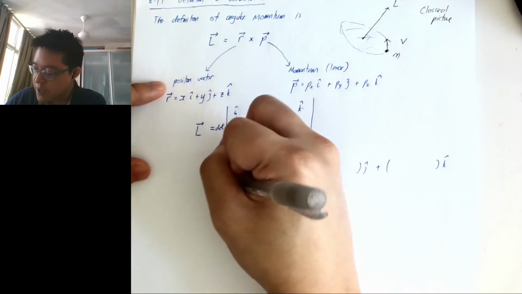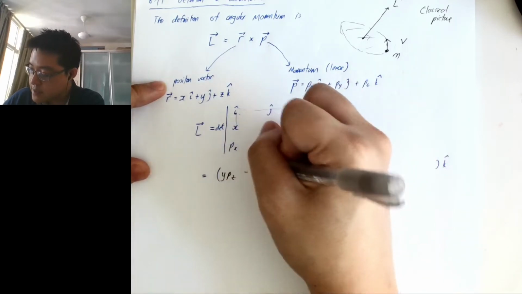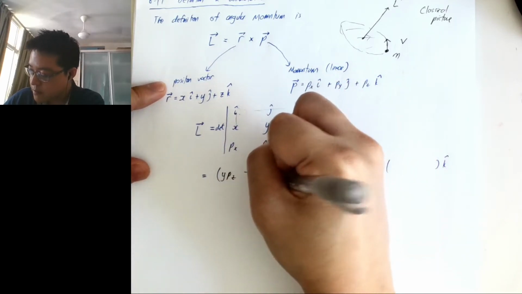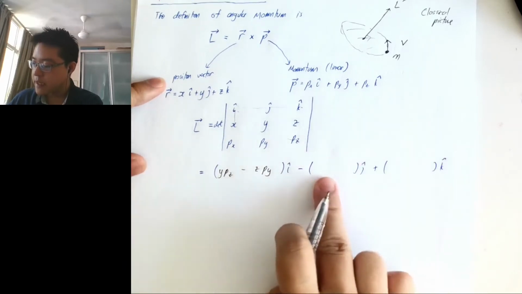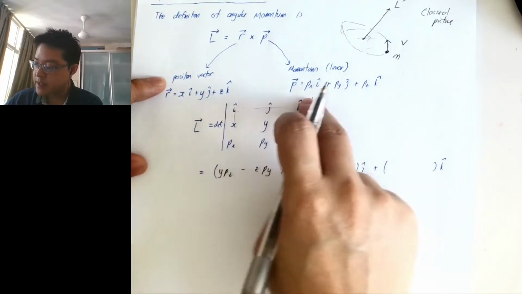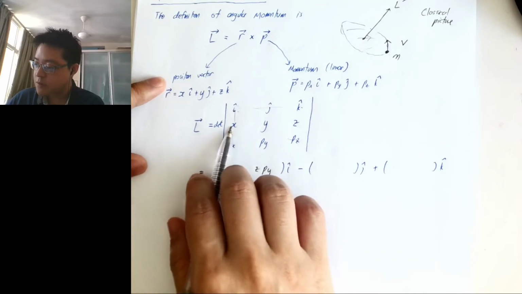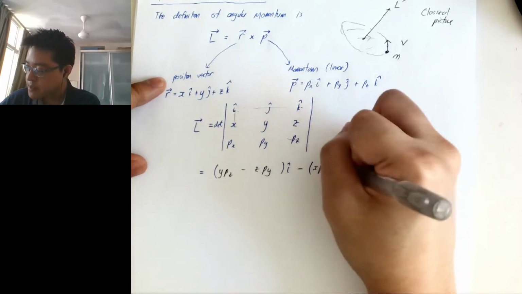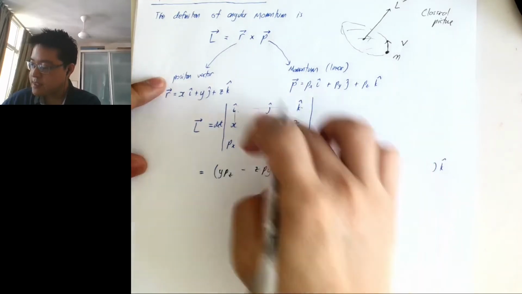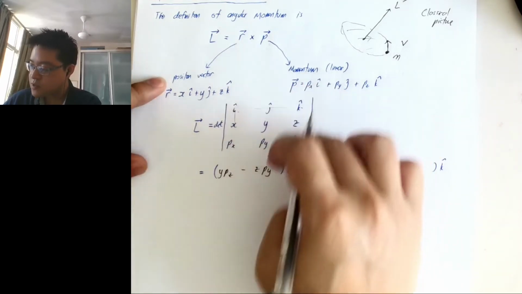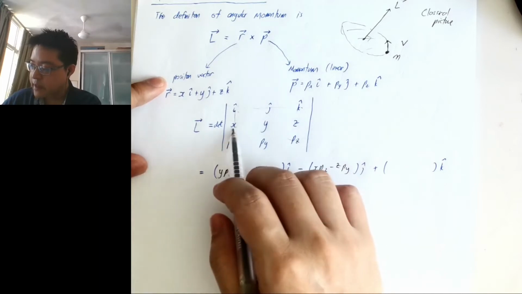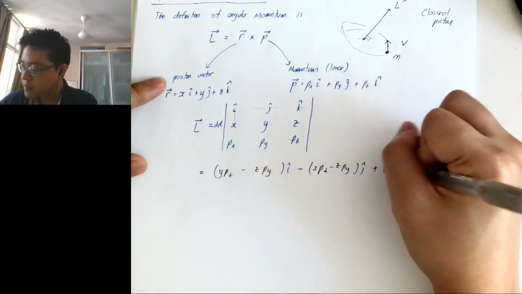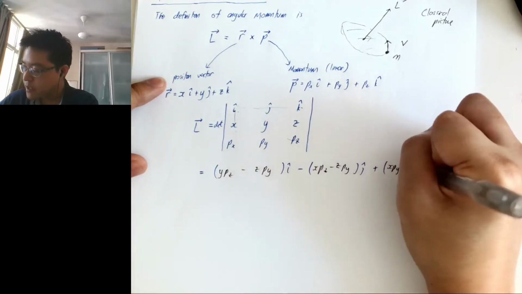So it's ypz minus zpy. And then in the middle here you delete this, the leftover is this minus this. So you got xpz minus zpx. And then lastly, these two rows and column deleted, and then this minus this. So xpy minus ypx.